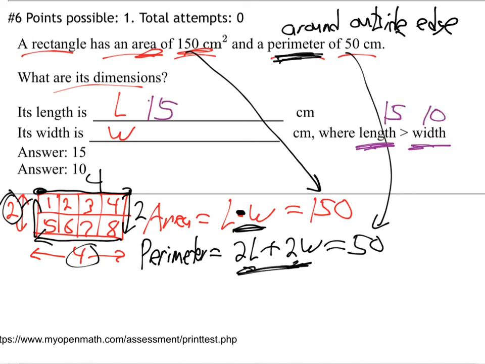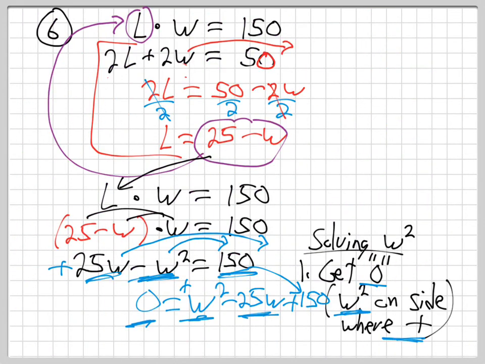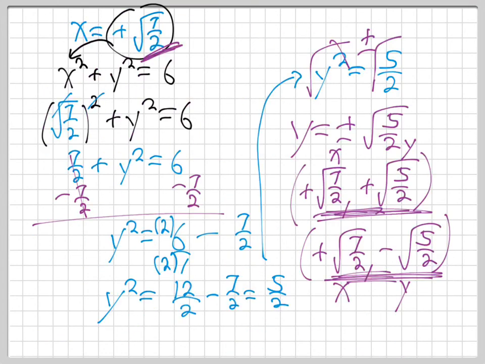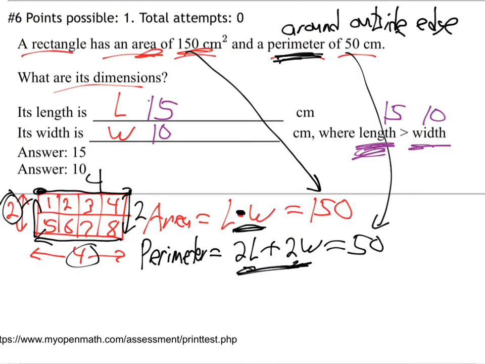The length is the 15 and the width is 10, just because they said they wanted length greater. Really, in real life, it doesn't matter which one you call length and width. That's why we got the two answers for width here, because it doesn't really matter which is which. The width could be 15 or it could be 10, and then the length is just the other one. But they specifically said, hey, we want the length to be the bigger one, so there we go. The length is the bigger one.